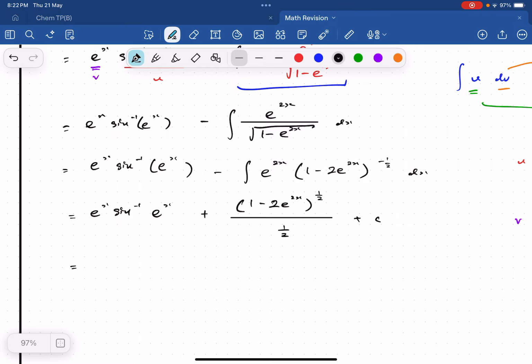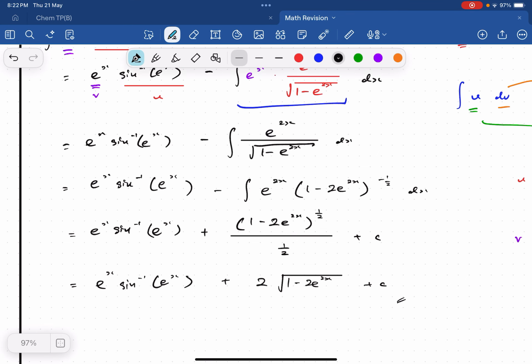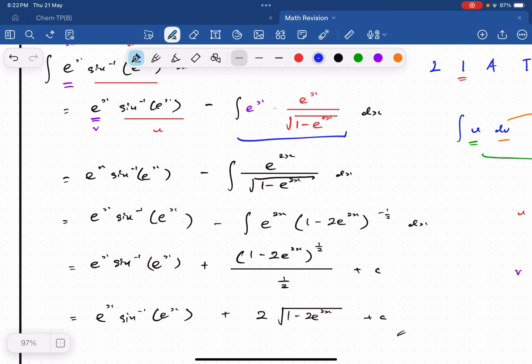So it's just going to be e^x sine inverse e^x plus 2 roots of (1 minus e^2x) plus c. Okay? So you will integrate this like that, and then you just use the standard form f(x) to the power n plus 1 over n plus 1. Okay, that's how you get this.